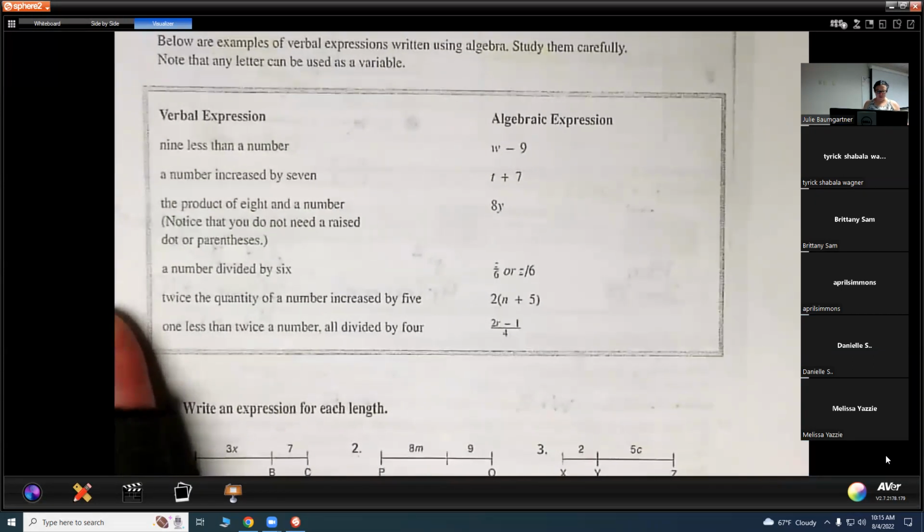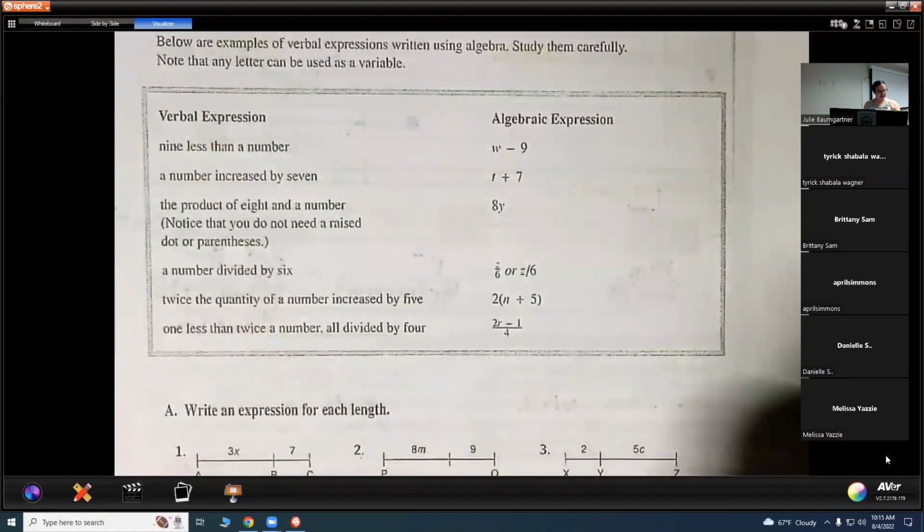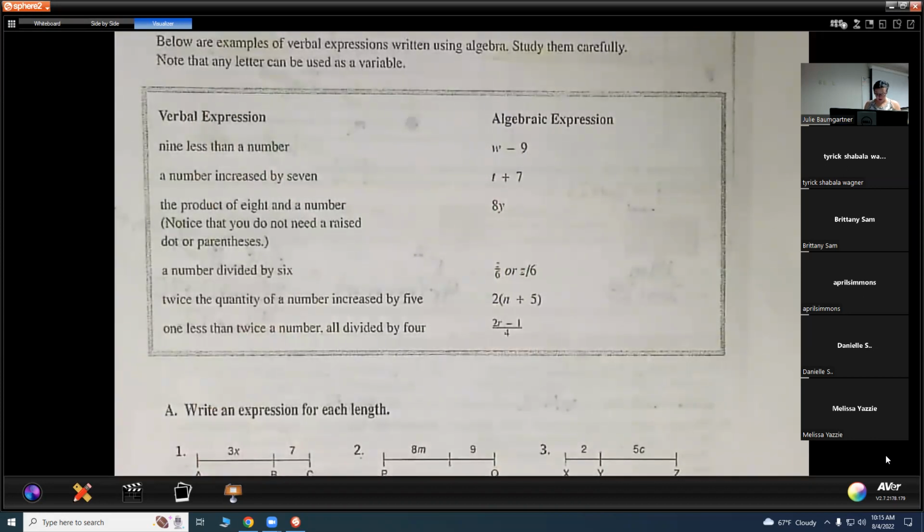All right, so once again, thinking about how it's written versus how we need to write it, kind of translating it into our algebraic expressions. Thanks, Brittany.